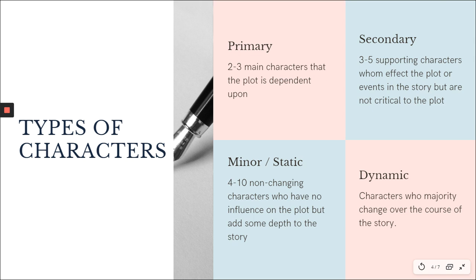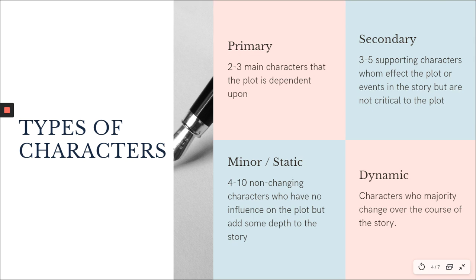So, starting again, the top of the pyramid of characters, so to speak, is primary characters. Your protagonist, your antagonist, maybe another character of very significant meaning for the story. Then there's your secondary characters.